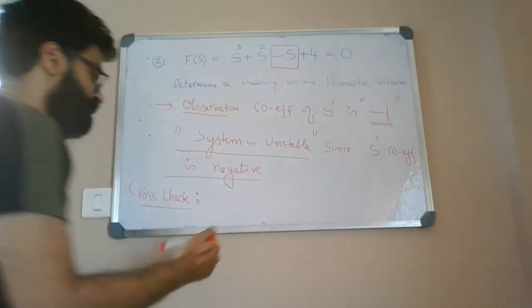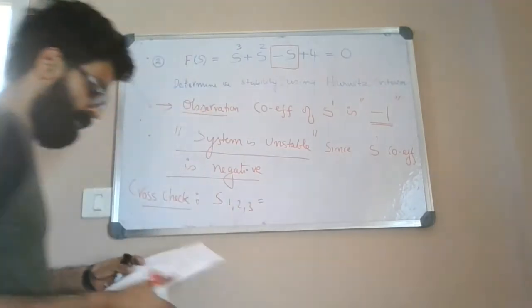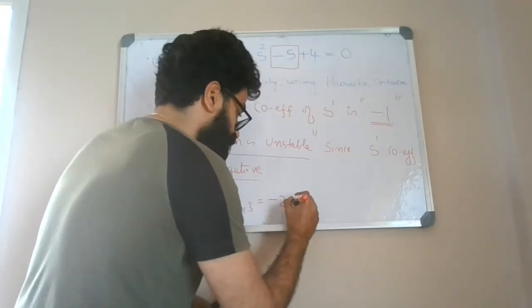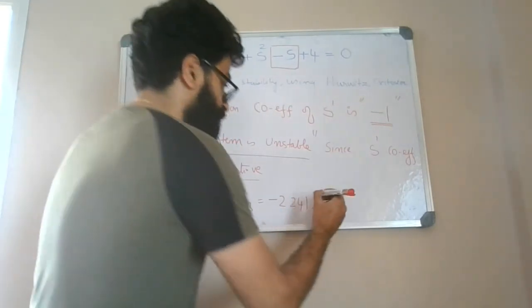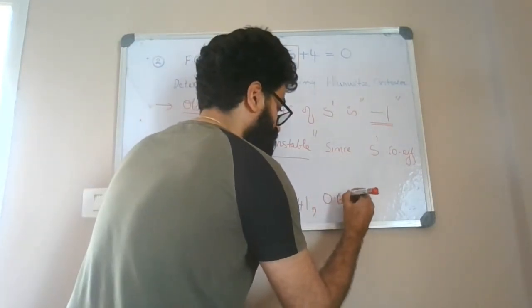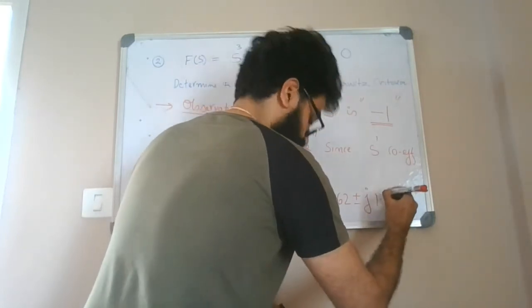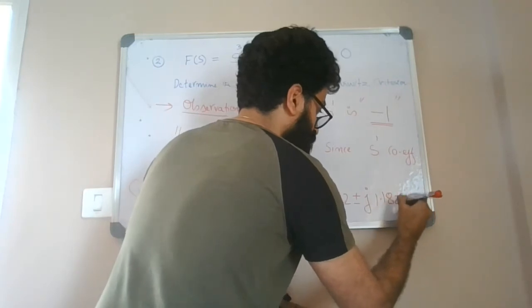When you do that, you will get s1, 2, 3 is equal to minus 2.241, 0.62 plus or minus j 1.1826.